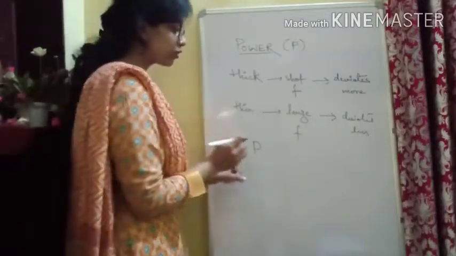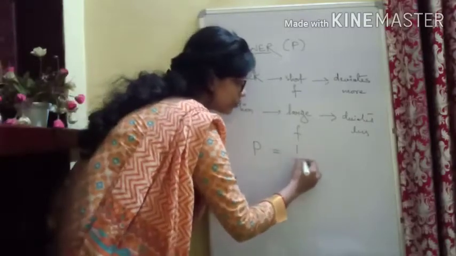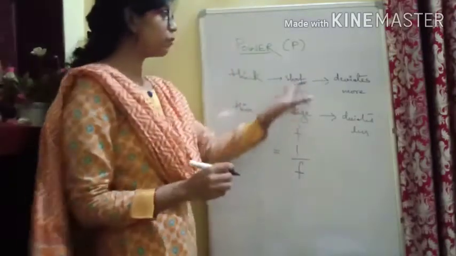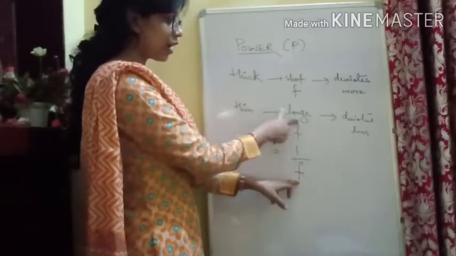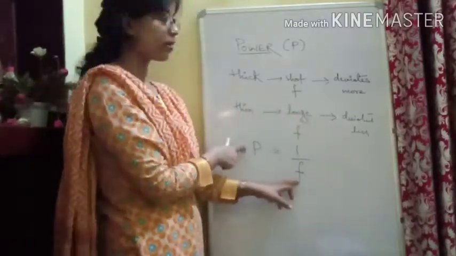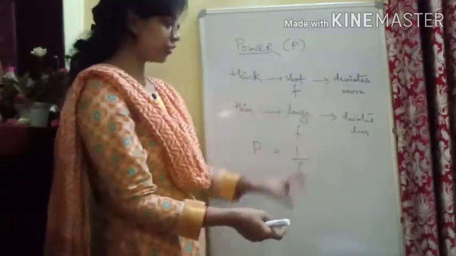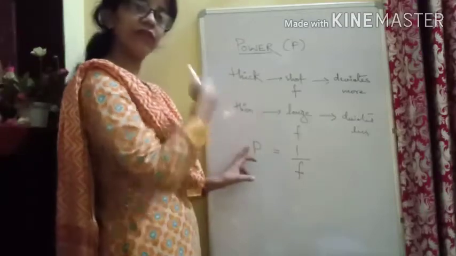So then we can draw a conclusion that power of a lens is actually the reciprocal of the focal length. Large focal length, deviates less, that means it will have less power. Short focal length, that means if f is small, it deviates more, and then power will be more.